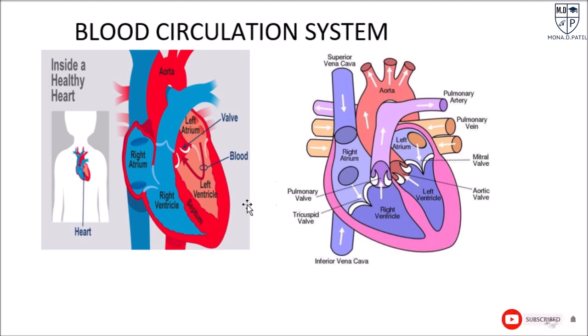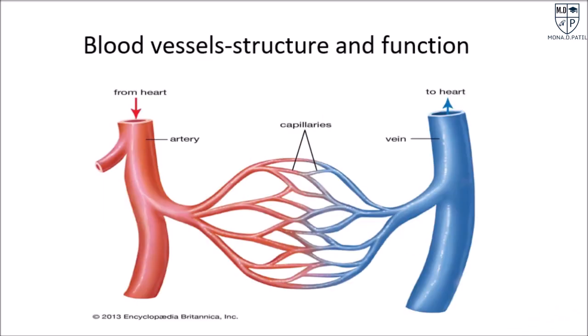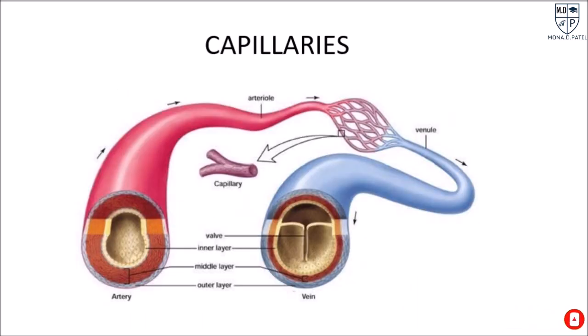Then blood vessels, structure and function of blood vessels. You can see the blood vessels run from the heart as arteries and to the heart as veins. In the next slide you can clearly see the capillaries. First let me see the arteries.